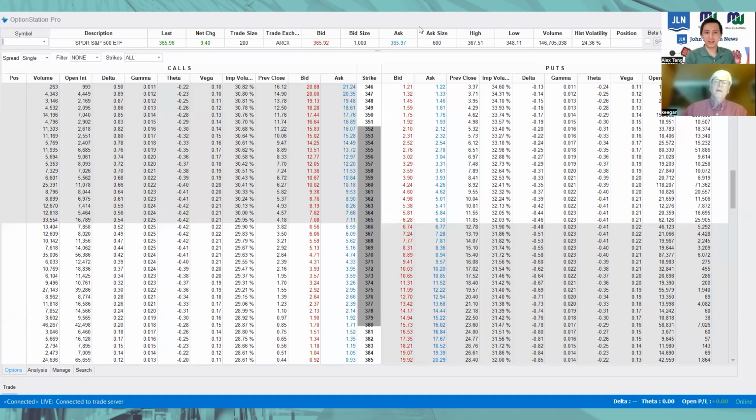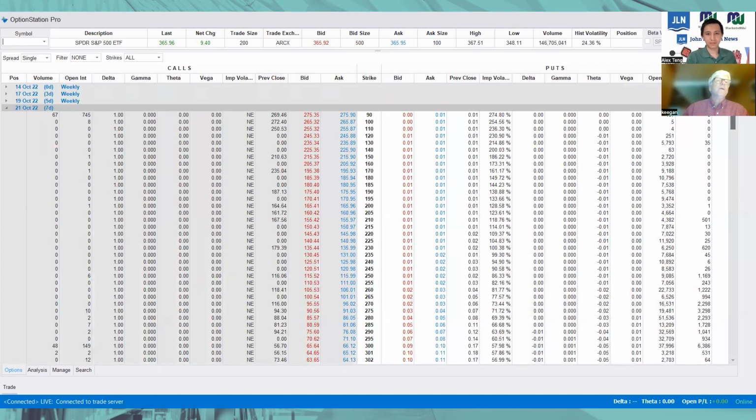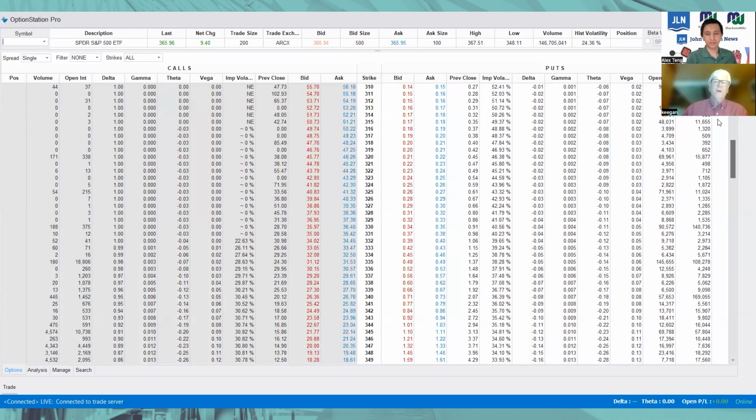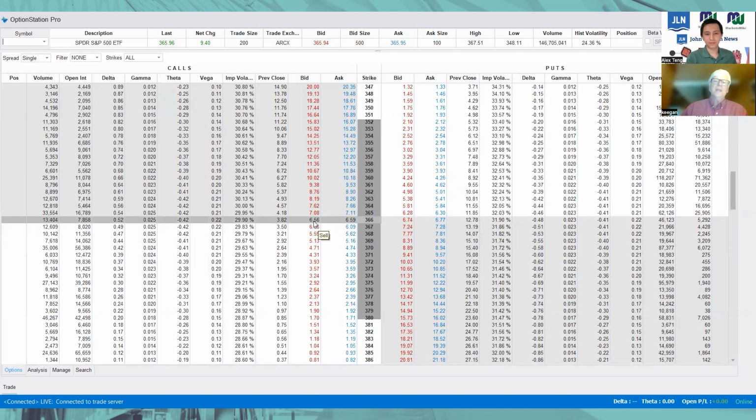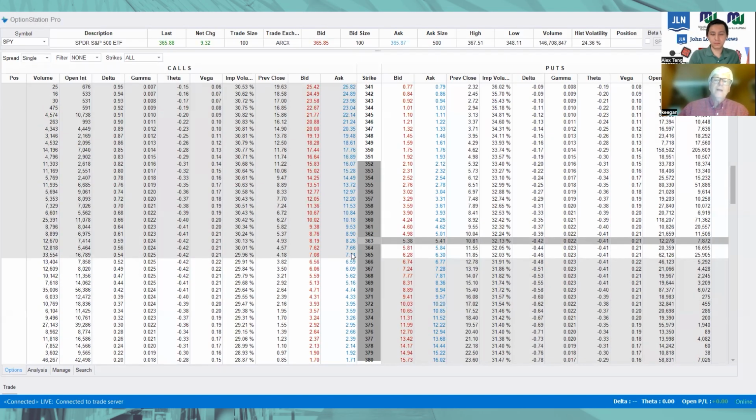Here's what you look at when you're selling a vertical call spread. Here we have the 366 calls in Spider that expire October 21st, which is a week from tomorrow. We could do it just selling a naked call at $6.57.